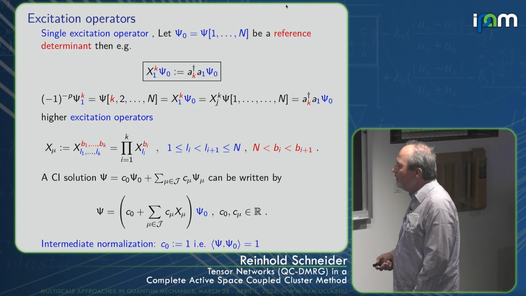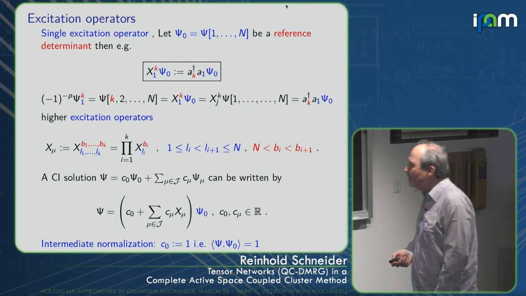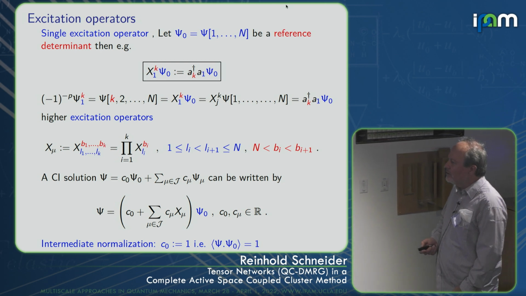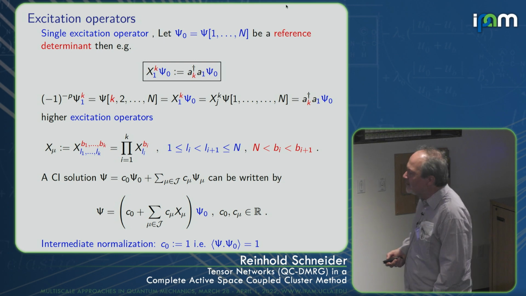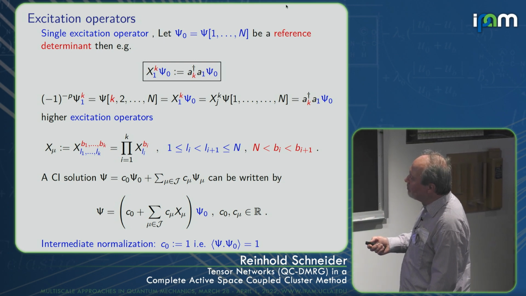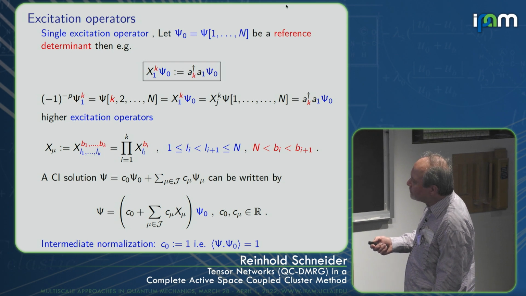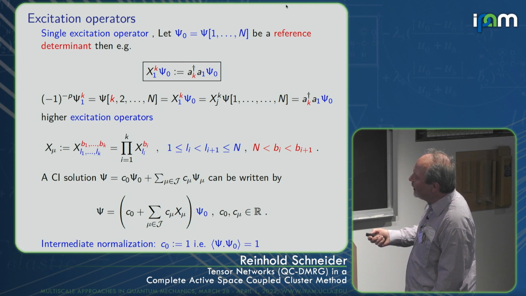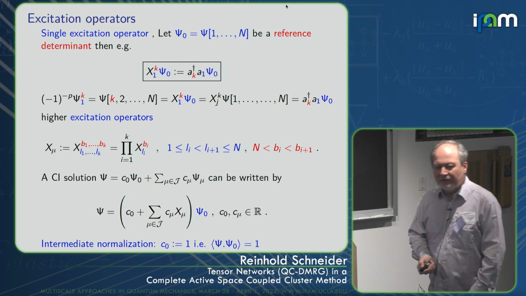Okay, and next to define the coupled cluster ansatz, we introduced excitation operators. And for example, the x1k is doing the following. It annihilates the first orbital from psi naught and replaces it by the orbital phi k.